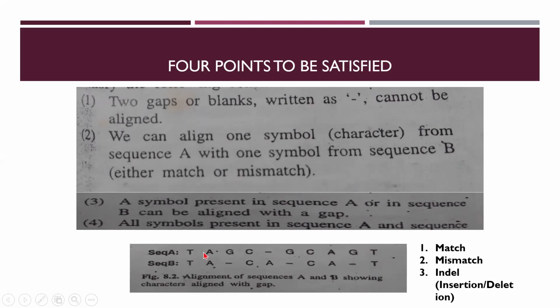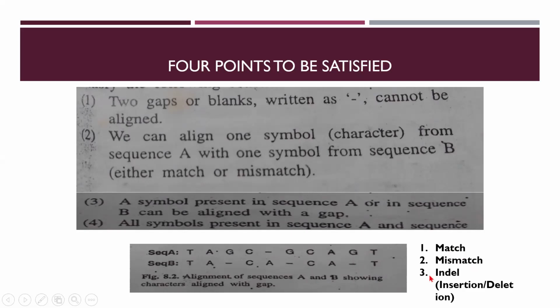If dissimilar characters are aligned with each other, that is called a mismatch. I explained what is a match. Identical characters aligned with each other is called a match. If they are not identical, it is a mismatch.